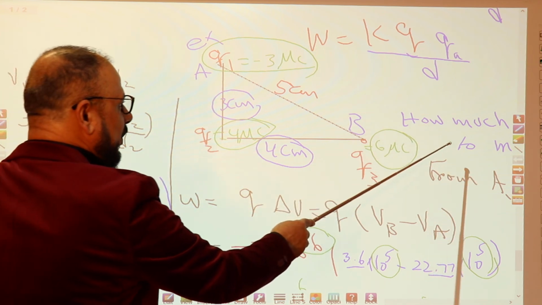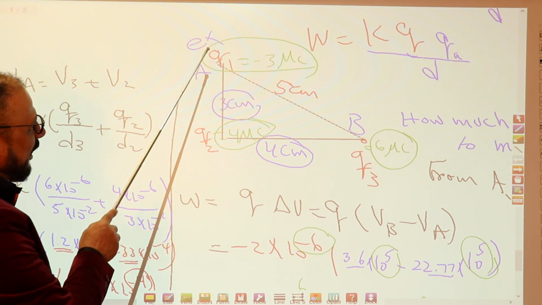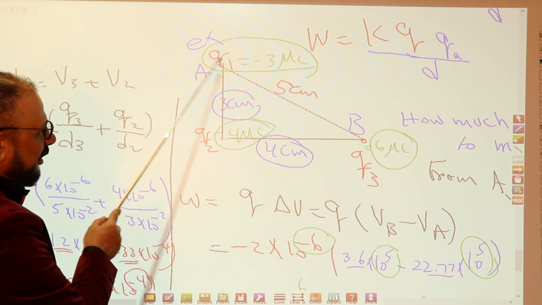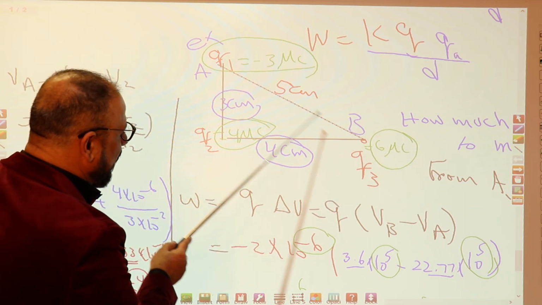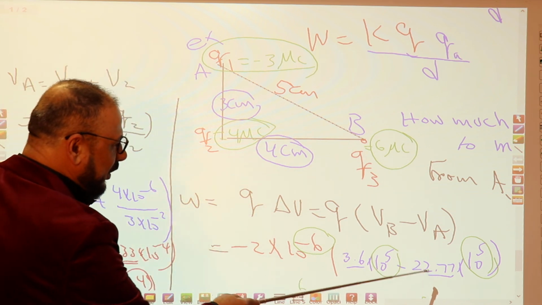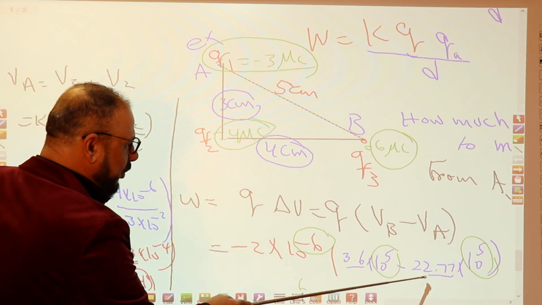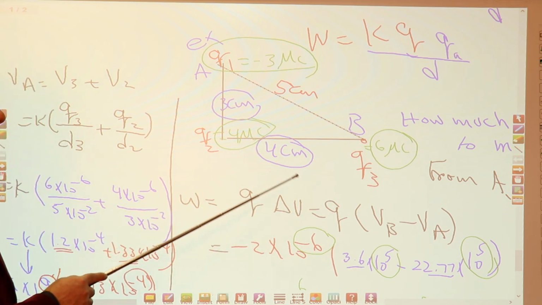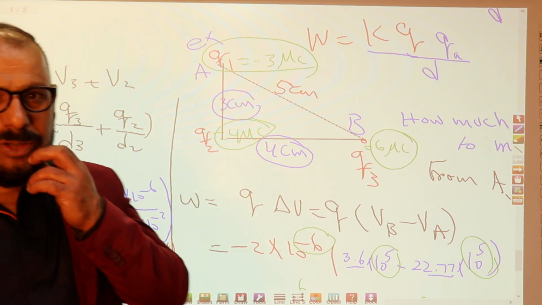It remains like high when you are on an incline. VB minus VA. I need to move it from A to B, from high, which is 22.7, to low, which is 3.6. From high to low, that means the potential is dropping, it decreases, right? There is a change in the potential energy.